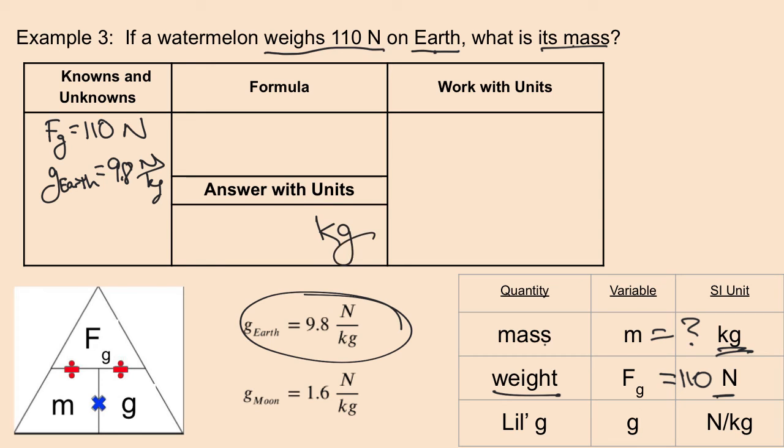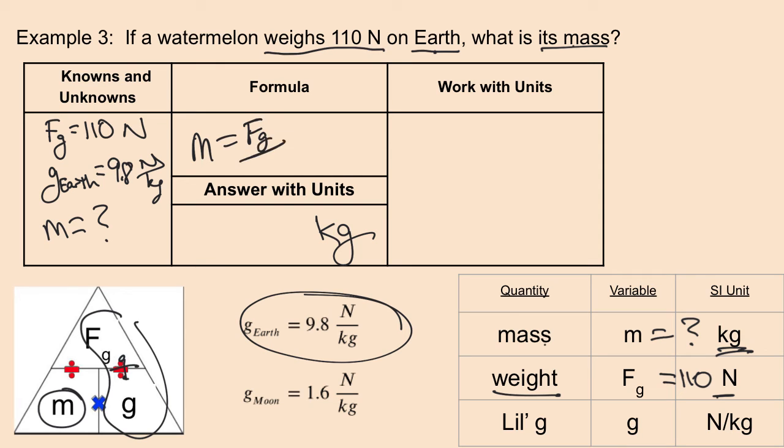Let's throw our kilograms in here. And mass is question mark. Fantastic. Now we need a formula. Formula, we can look over at our triangle. I want mass. And so it's going to be mass is F sub g divided by g. M equals 110 newtons is our weight.